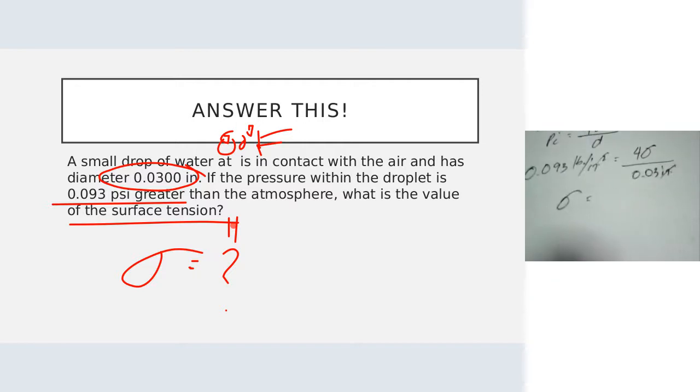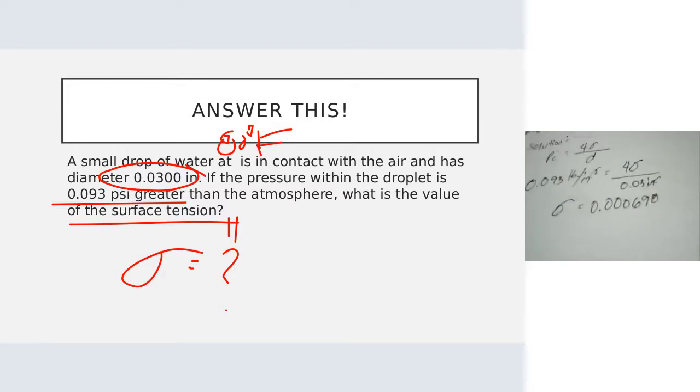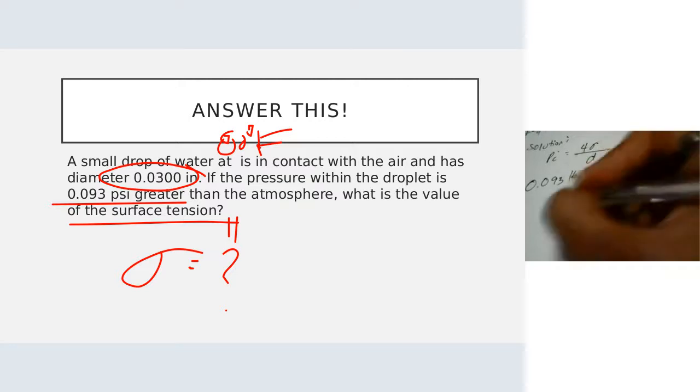The surface tension will be equal to what? 6.98 times 10 raised to negative 4 pound per inch.